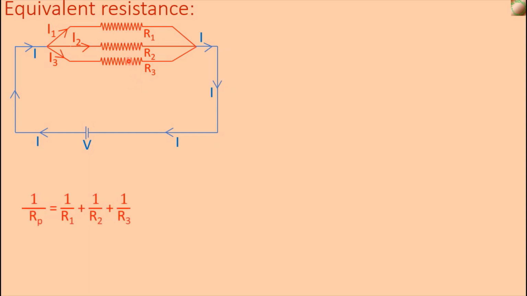Therefore their equivalent resistance will be 1/Rp = 1/R1 + 1/R2 + 1/R3. Here Rp is the equivalent resistance of the resistances R1, R2 and R3. As these resistances are connected in parallel, therefore their equivalent resistance can be determined by this equation.